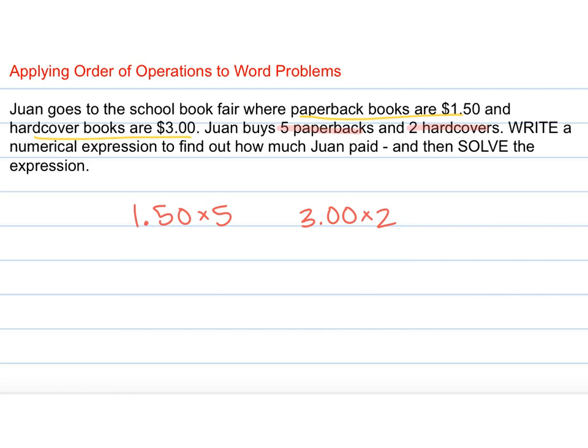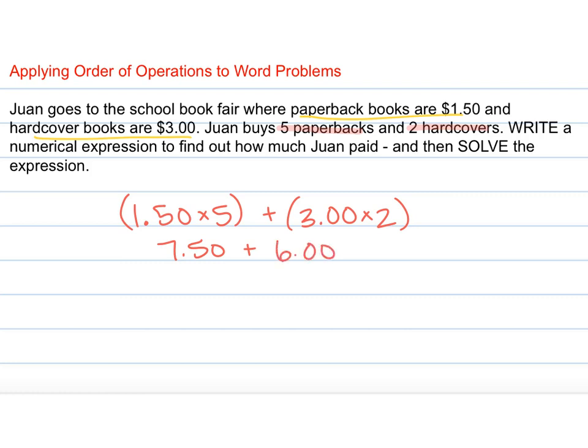Now, to figure out the total, we would then add those together. You could put these parts in parentheses, but because they're multiplication, they'll be done first. So the first one, $1.50 times 5, that would be $7.50. $3 times 2 would be $6. Now we would add those together.